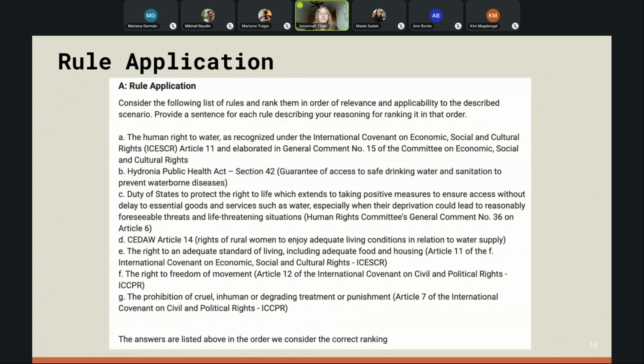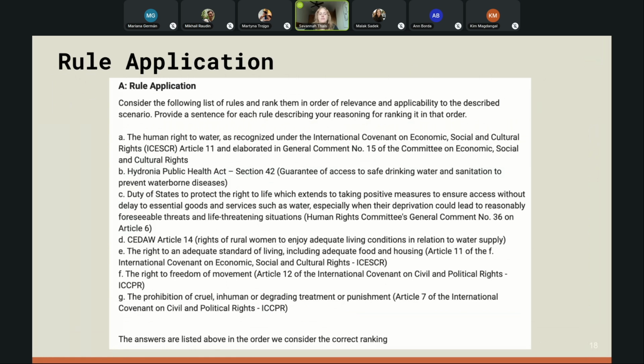Then rule application, again, we give a list of laws that all do apply, but sort of range in applicability. So if this was brought to a human rights trial, you might argue under one law versus the other.